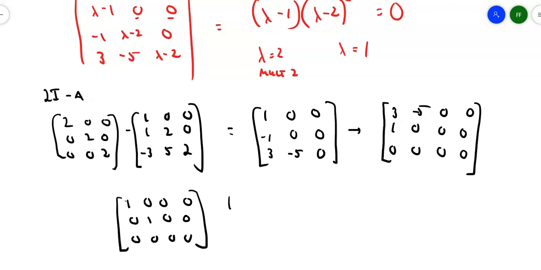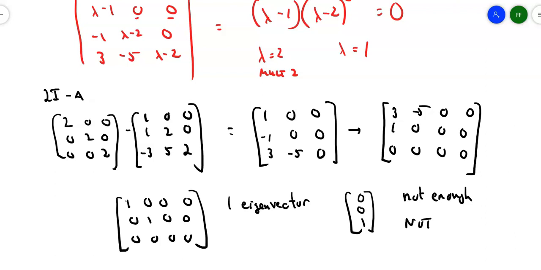This is only going to produce one eigenvector. And that eigenvector is going to be x sub 1 is 0, x sub 2 is 0, x sub 3 is the parameter, so 0, 0, 1. Not enough. So, not diagonalizable. Why? Because I had a 3 by 3 matrix, I should produce 3 eigenvectors, and I didn't.